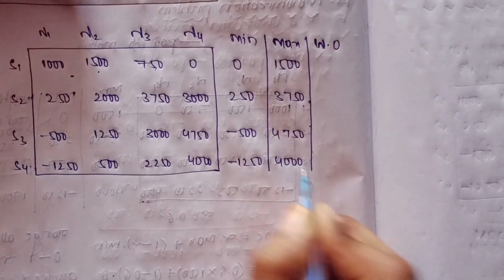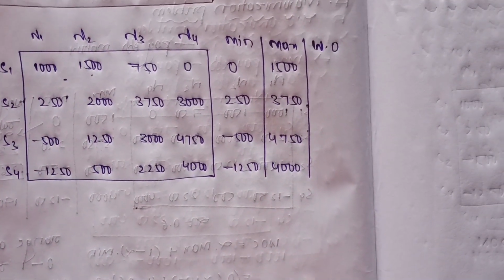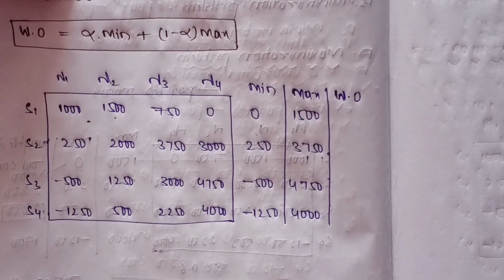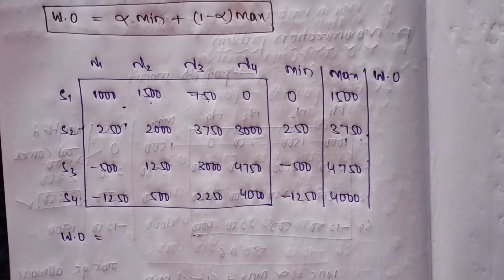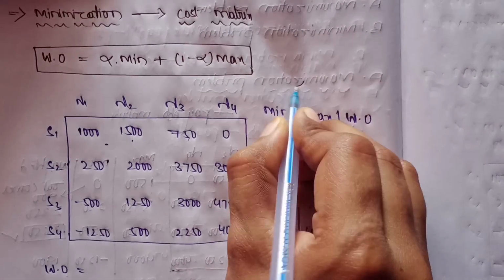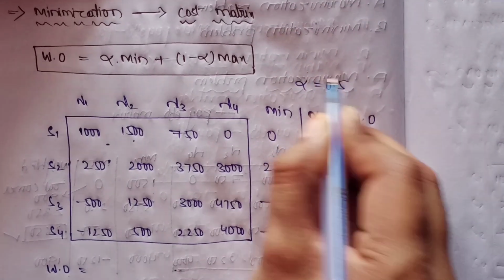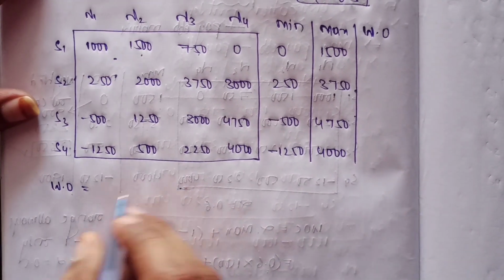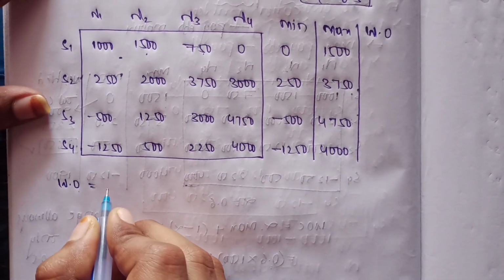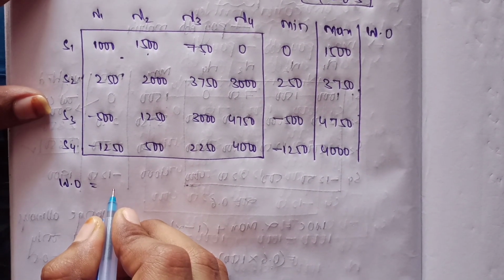So in these weighted outcomes, we have to solve this problem using this formula. Here the alpha value is not given, so we have to assume alpha value is equal to 0.5. The formula is alpha into minimum plus 1 minus alpha into maximum value.